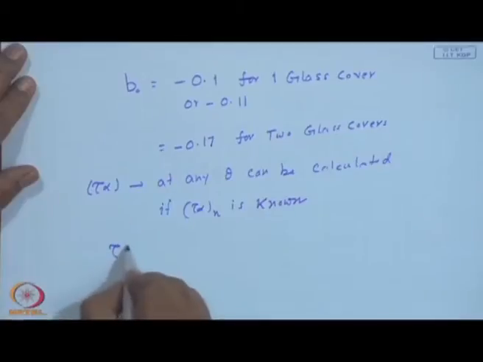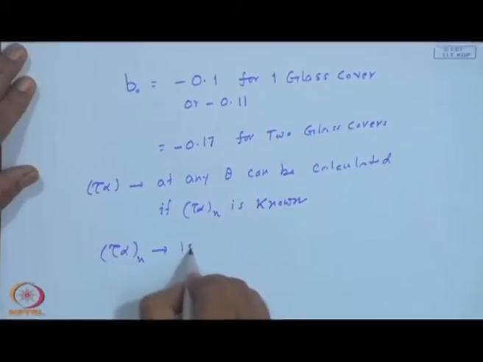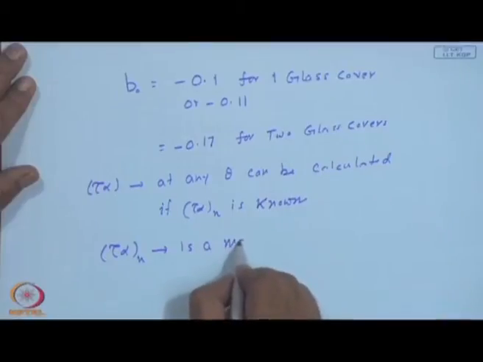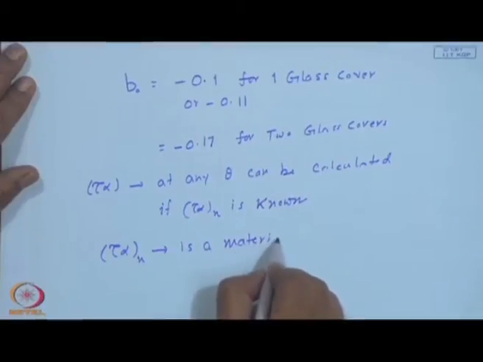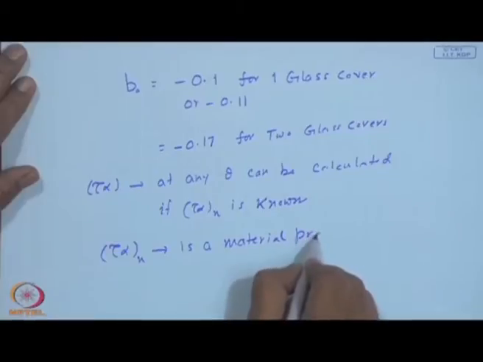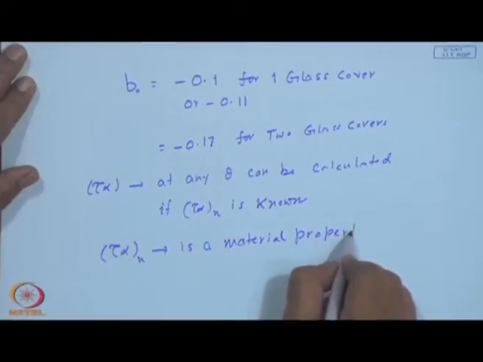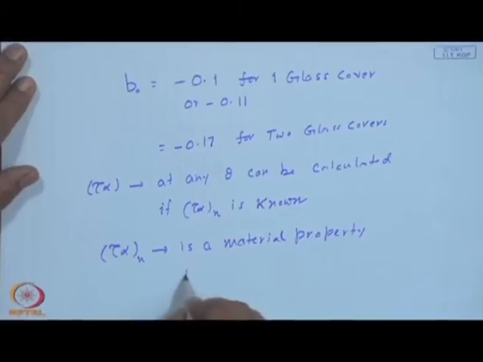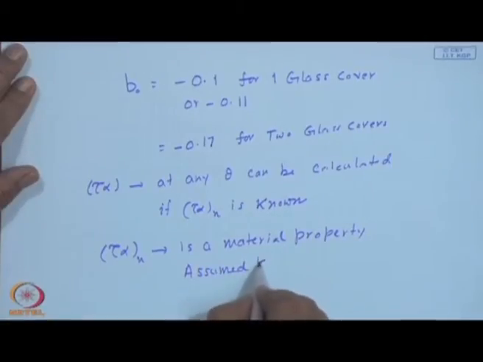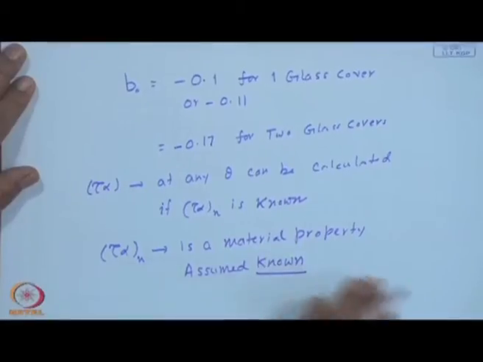So, tau alpha n is a material property assumed as known.